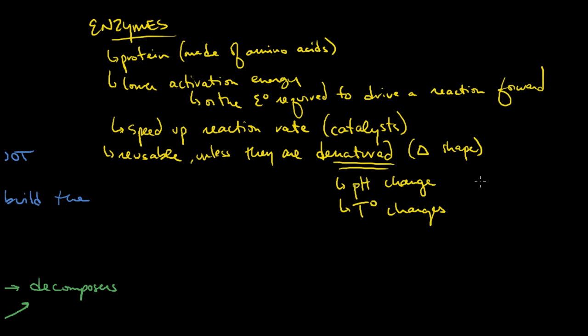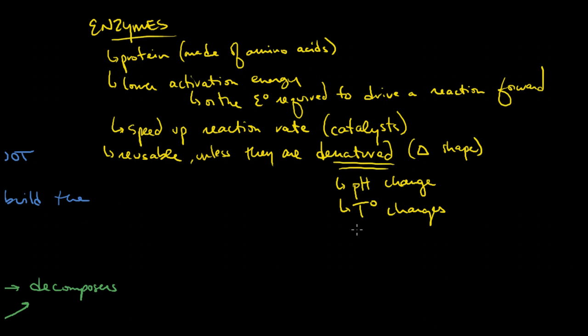Those are the two key ways. There are some other ways these proteins can be denatured, but those are the two we're going to focus on. What we should know is that these enzymes break down large molecules into smaller ones. That's the reaction we're talking about. So they speed up the reaction, and they help break down or digest large molecules into small molecules.